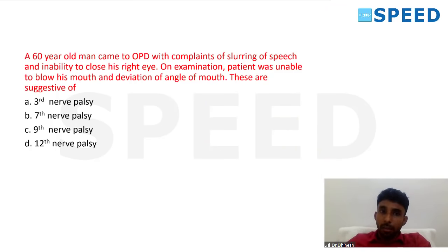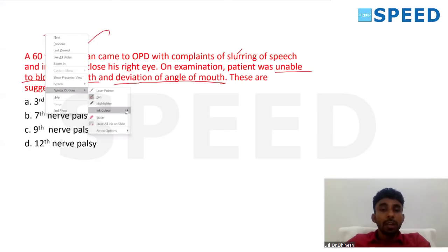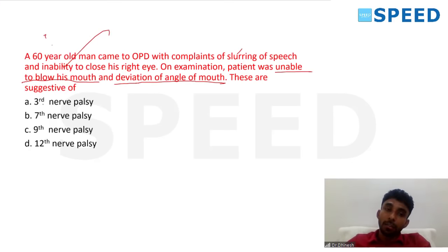A 60-year-old man came to OPD with the complaints of slurring of speech and inability to close his right eye. On examination, the patient was unable to blow his mouth, and there was deviation of angle of mouth. All these clinical features are suggestive of injury to which of the following cranial nerves?